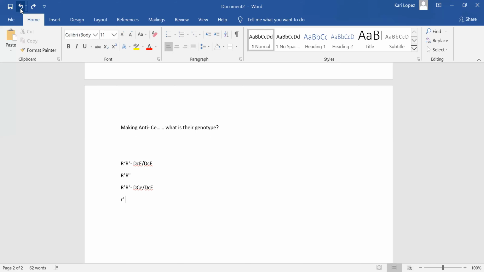And what was the second one? Was it the same? R1, R0, or R1, R1? There was only 4. Well, this last one, the little R1, is that the correct answer choice?